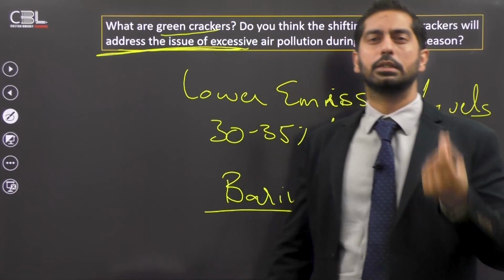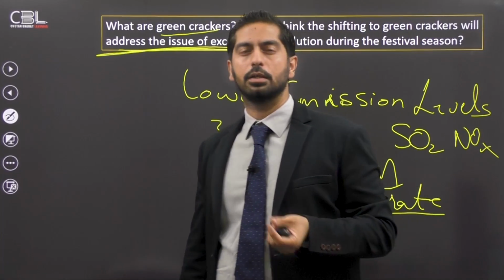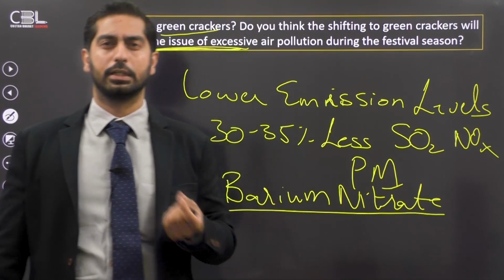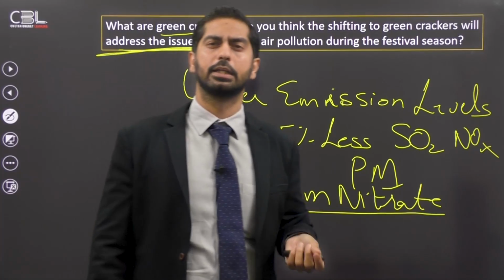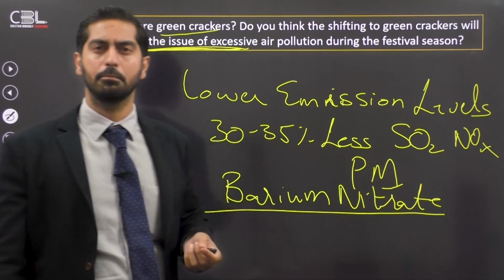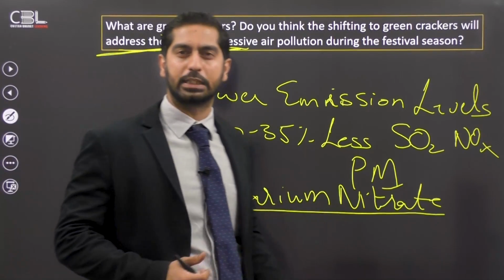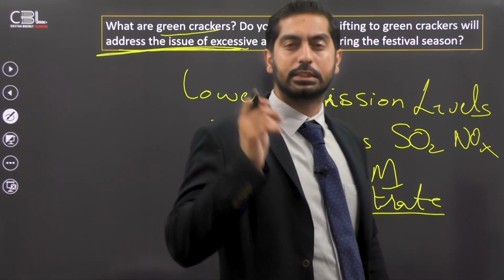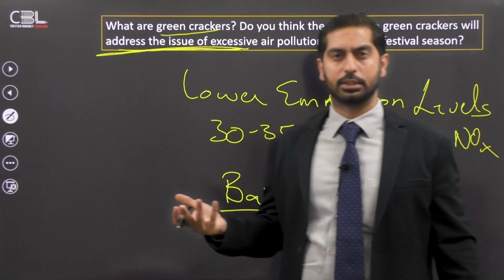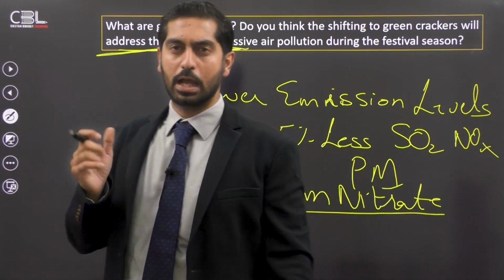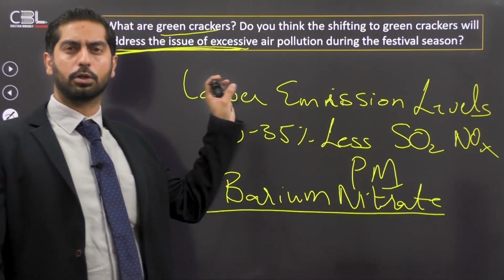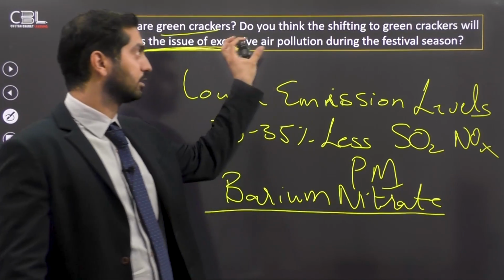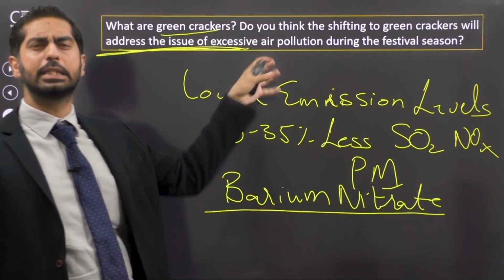The burning of stubble in the agrarian states, the surrounding agrarian states of Punjab, Haryana, UP. That's one factor. We are working for that as well. Then excessive construction dust, that also contributes to the Delhi smog, if we talk about the excessive air pollution in the Delhi region.